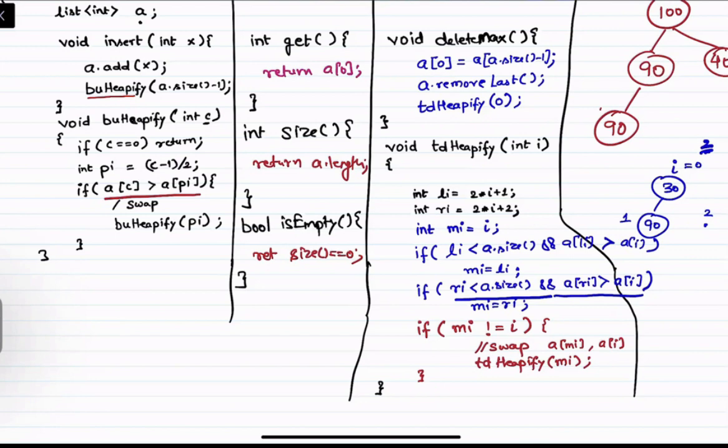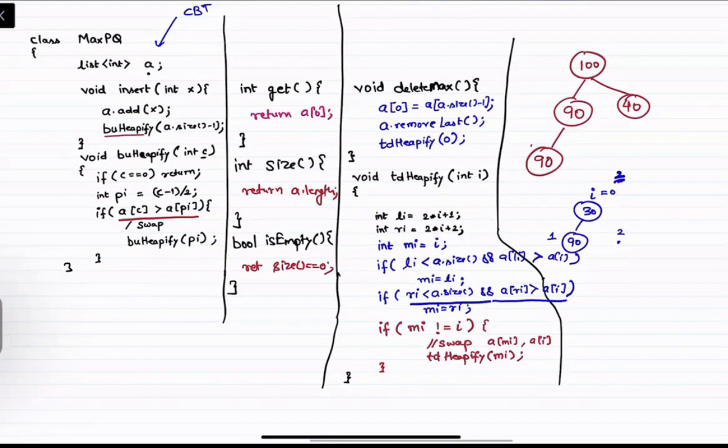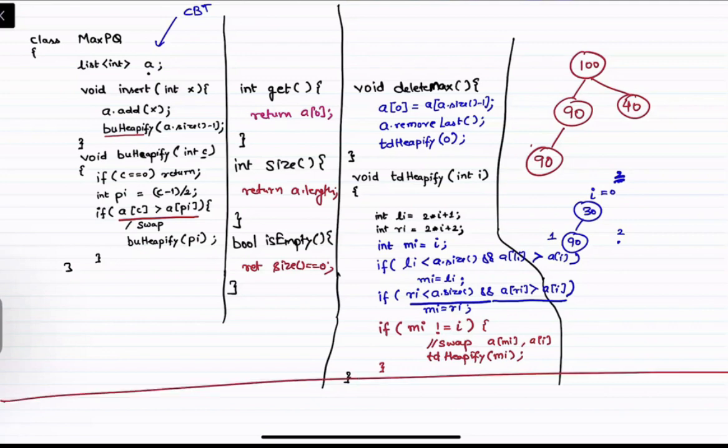So what have we implemented? We have implemented max PQ. Imagine if I want to change it to implement another class, min PQ, what will be the change? Rather than max PQ, if I was implementing min PQ, what will change?